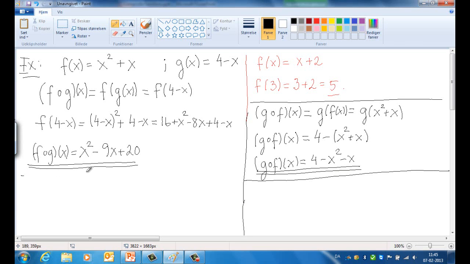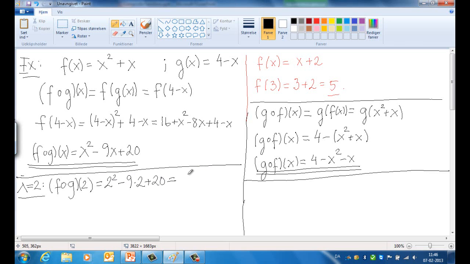So when x is equal to 2, f of g of 2 must be equal to, substituting x with 2, 2 squared minus 9 times 2 plus 20. And that altogether gives me 6.